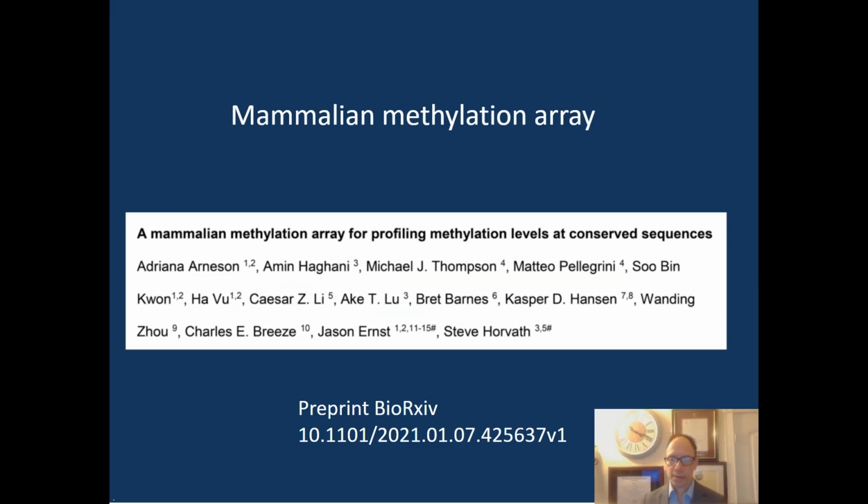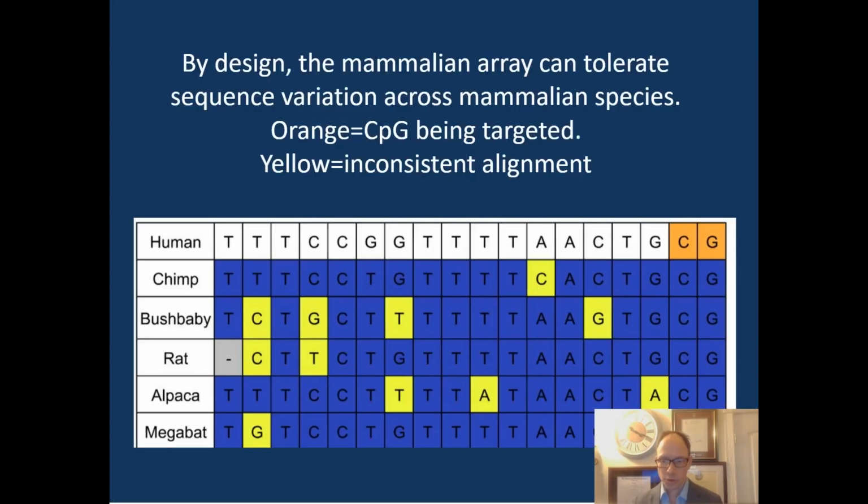The mammalian methylation array is described in a preprint by Adriana Arneson and Jason Ernst. And I will briefly mention some ideas behind the design of the mammalian array. The top row shows you an oligonucleotide sequence, where on the right-hand side you see that there's a C and G pair, the cytosine guanine pair in humans.